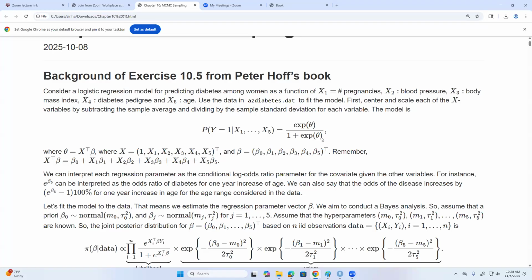This is not the only way to model the success probability. You can use the probit model. You can use other things like the complementary log-log function as well. And any CDF, cumulative distribution function, can be used for modeling the probability.